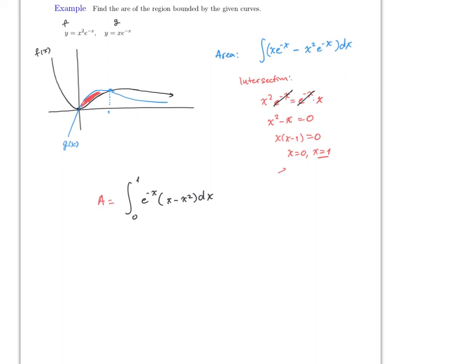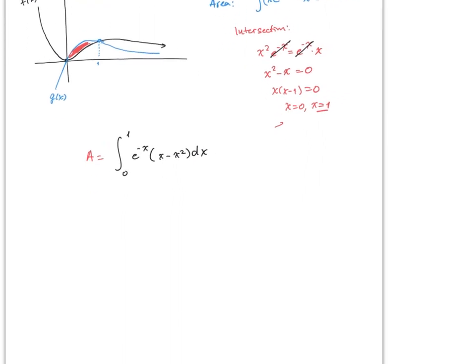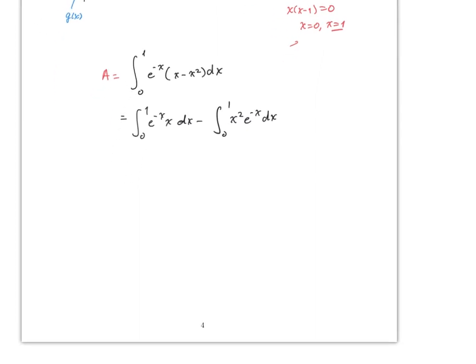And then you can use integration by parts here and here, but it's better to have it in two integrals the way we have it originally, which was this, and then minus the integral from 0 to 1 of x squared e to the minus x dx.